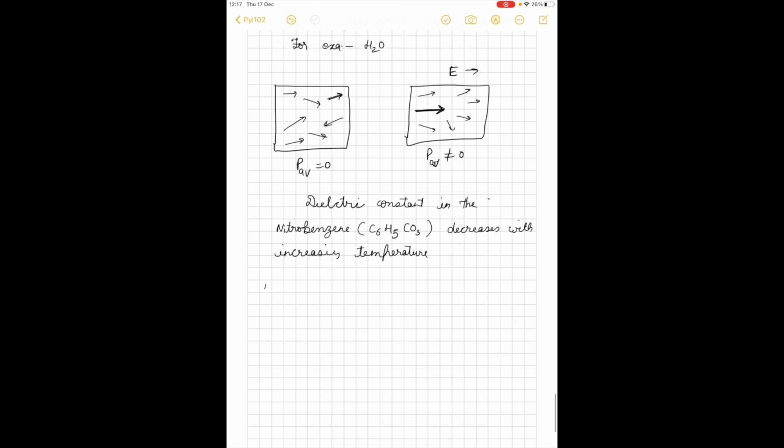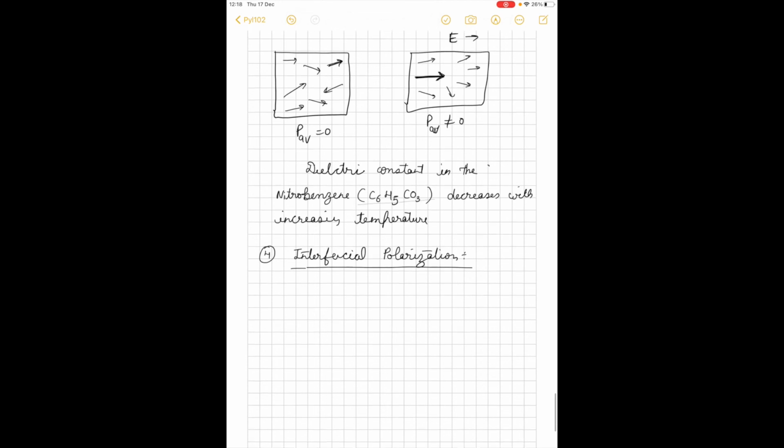So now the fourth mechanism, which is called the interfacial polarization. As the name itself tells you, interface. So whenever, let's say, you have a grain boundary in the system, there the charge actually adds up and you have a double layer kind of capacitor.